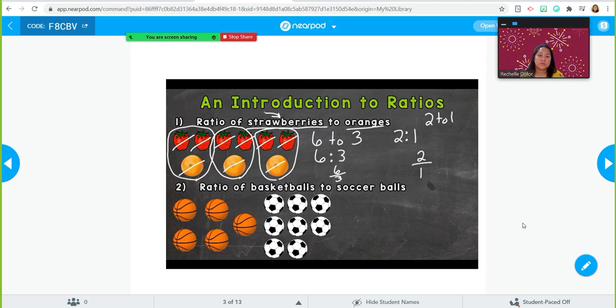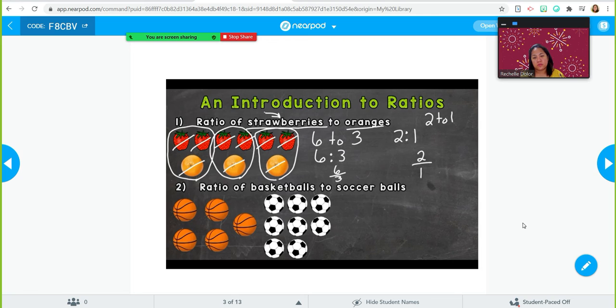Whatever comes first in your ratio, right? Strawberries to oranges up here in the original problem needs to come first in your ratios when you write out the answer. Now, oranges, there could be a problem that said ratio of oranges to strawberries. In that case, you need to put the oranges first and the strawberries second.